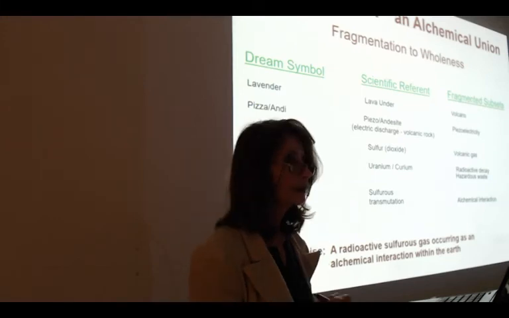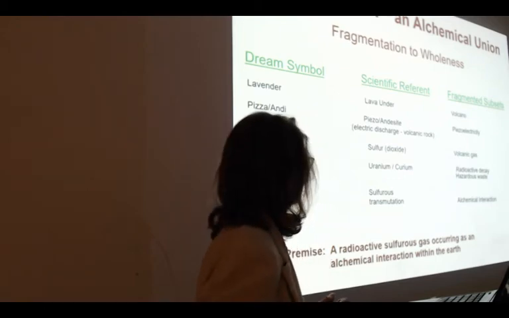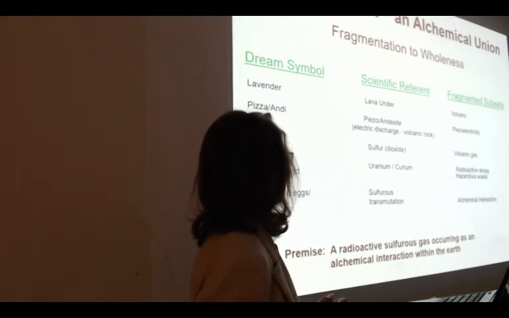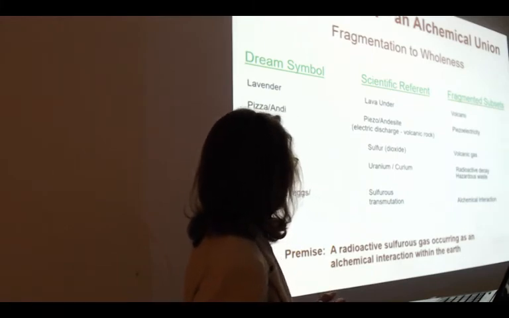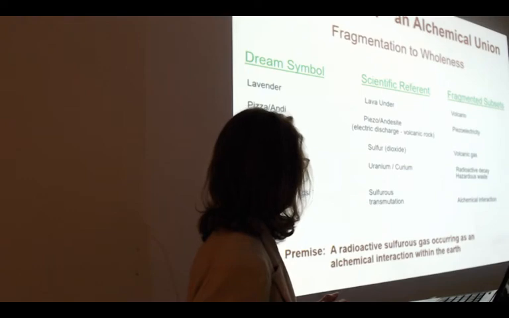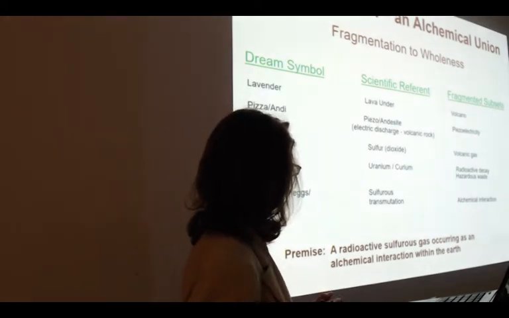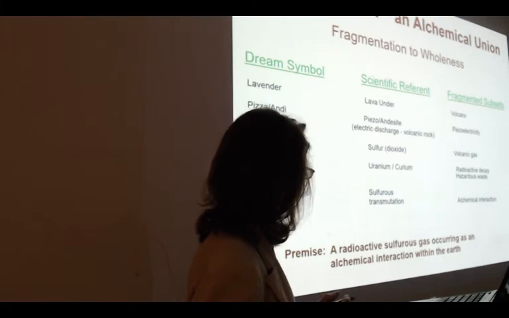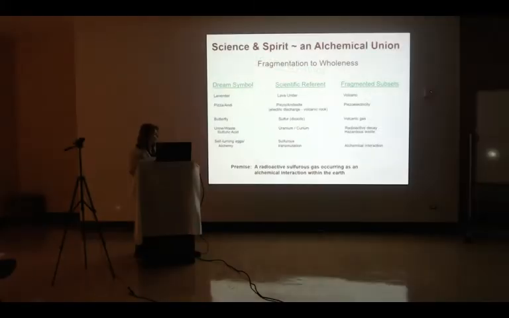All of this science was coming through spirit. And so this will show you what on the left-hand side were the symbols, some of which you saw, the scientific referent or interpretation is the center section, and the fragmented subsets on the right-hand side were the components that were leading to an alchemical interaction occurring within the earth.